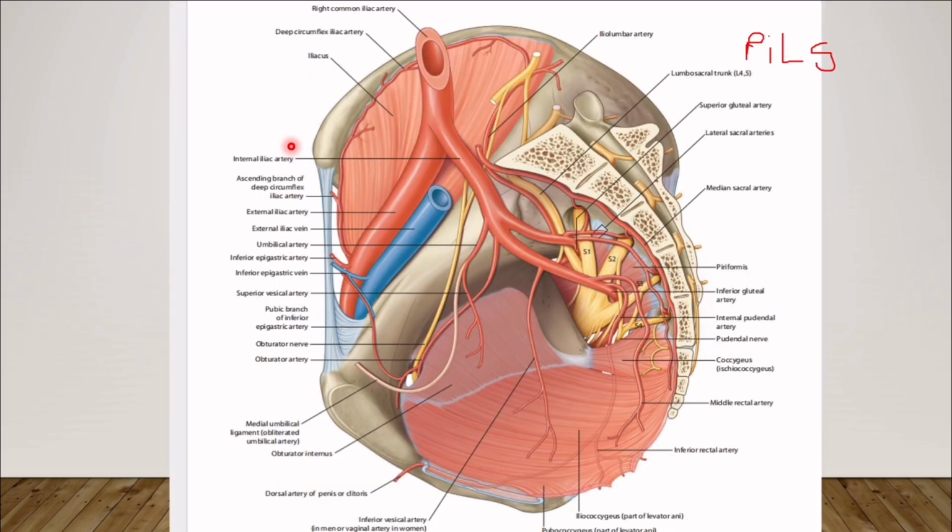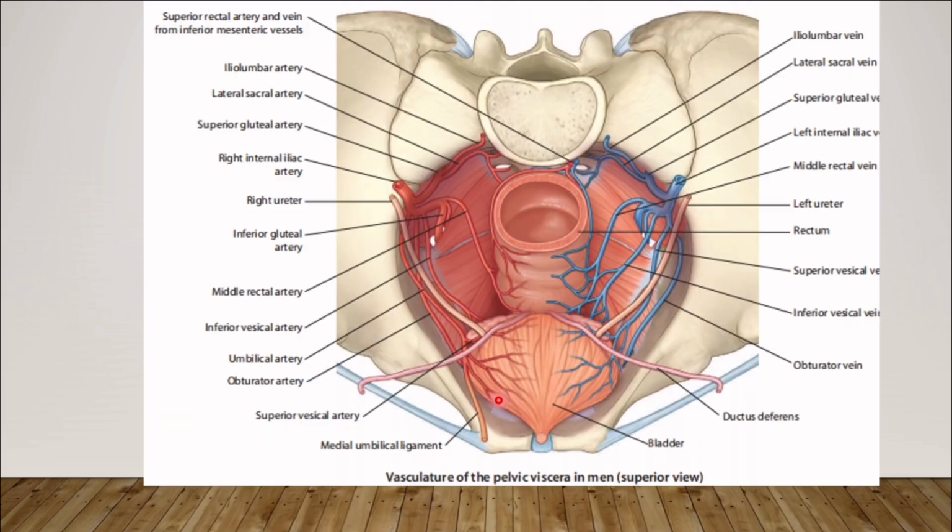Okay, now this one, the superior vesical artery, will supply the superior surface of the what? The bladder. Let me show you. Okay, the superior vesical artery, this one, which is a branch of the internal iliac at the anterior division, which supplies the superior surface of the bladder.